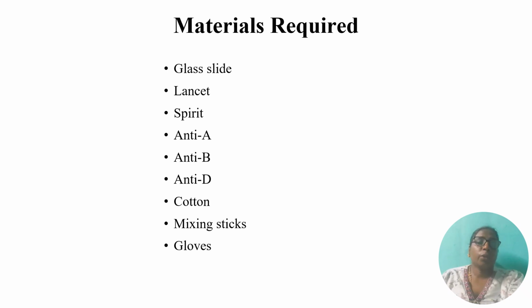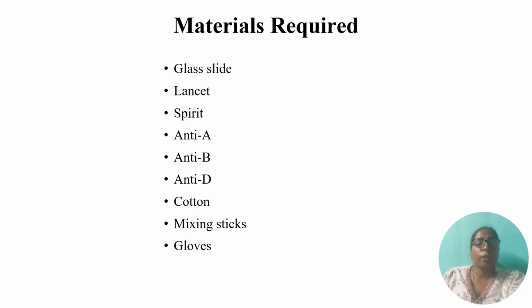So what are the materials required for performing blood grouping? Basically we need a glass slide, a sterile lancet, and spirit, and we need anti-sera for anti-A, anti-B, and anti-D.